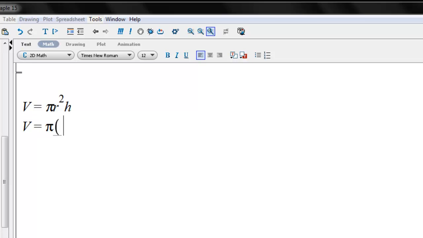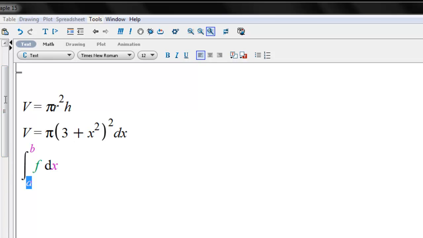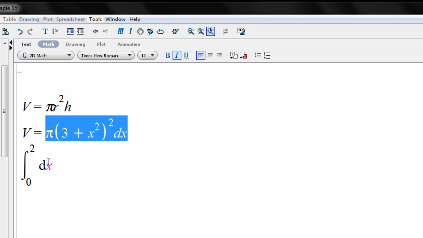Our radius, let's recall, that was 3 plus x squared. And we have to square that because our formula for the volume of a cylinder says that we have to square the radius. And then that's all times the height, which in this case, where the thickness was dx. And so what we want to do is sum up all of the volumes of those little tiny slices, those little tiny discs, and we're going 0 to 2. And now let's just copy that formula all in there.